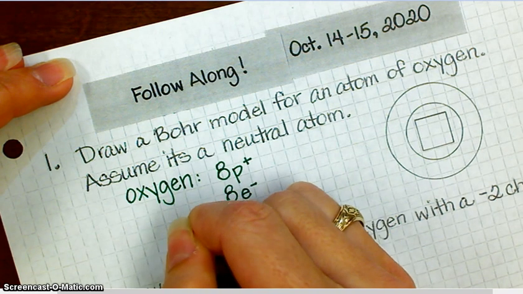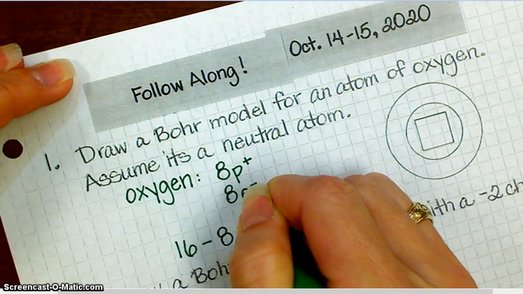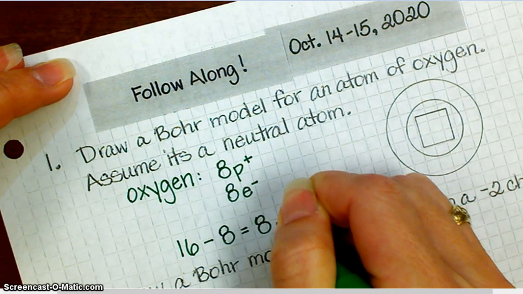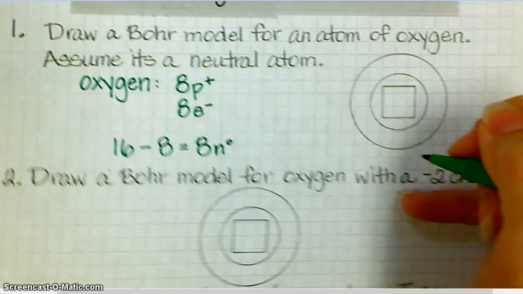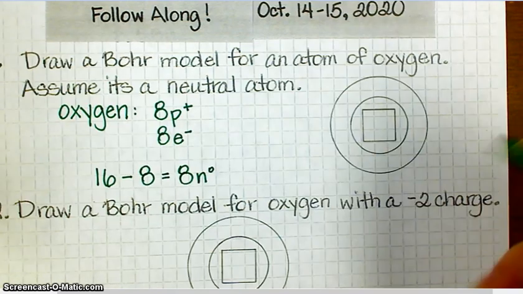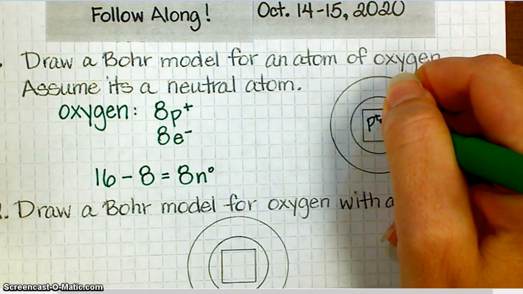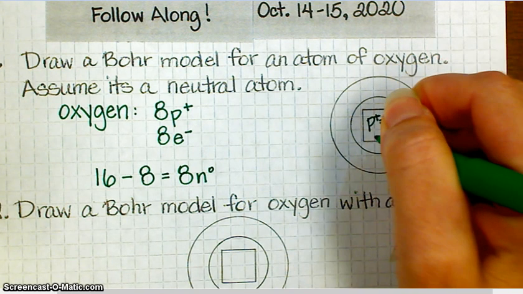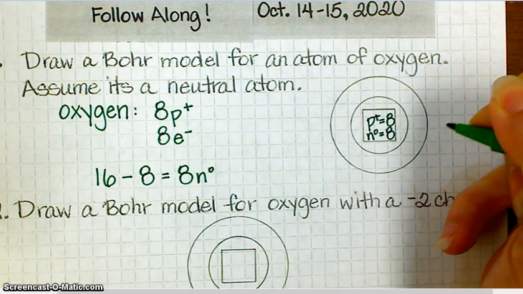And so our neutrons is going to be the mass number minus the atomic number, and that's going to be 8 neutrons. All right, in order for us to draw our Bohr model, in the box we put our number of protons and our number of neutrons because the box represents the nucleus.